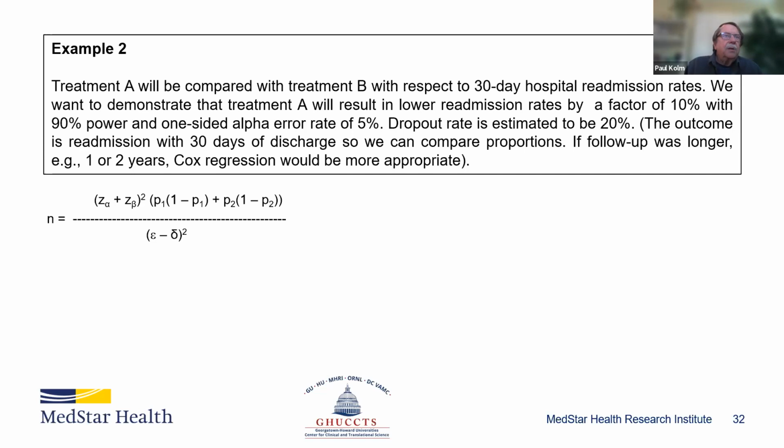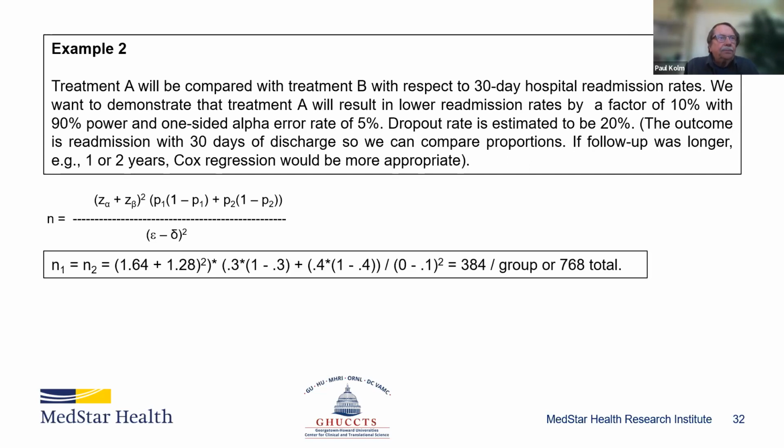So again, this is the formula that we had before for comparing proportions. And so remember, we have a one-sided error rate of 5%, so that Z value is 1.64. And now since we want to do a 90% power, the beta error rate is going to be 0.1, then that value in the non-central distribution is 1.28.